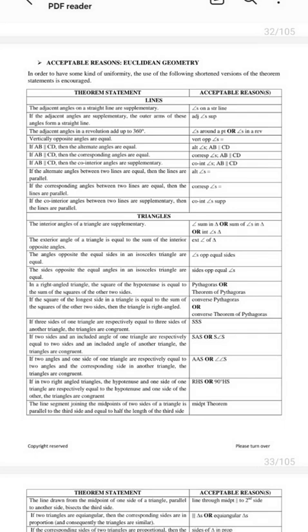Then lastly, if the co-interior angles between two lines are supplementary, then the lines are parallel.